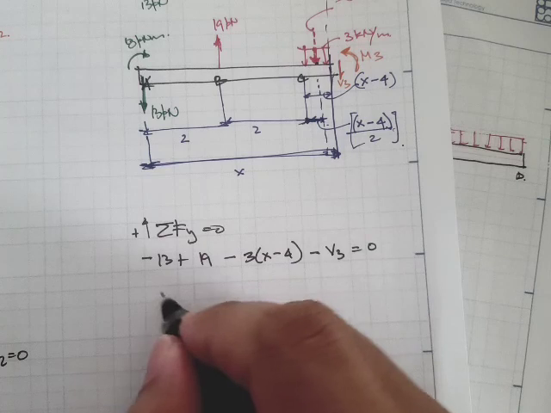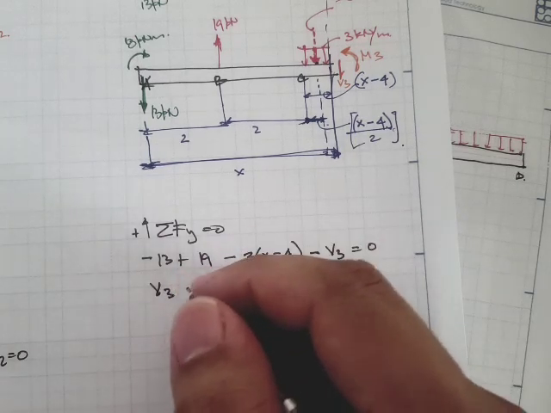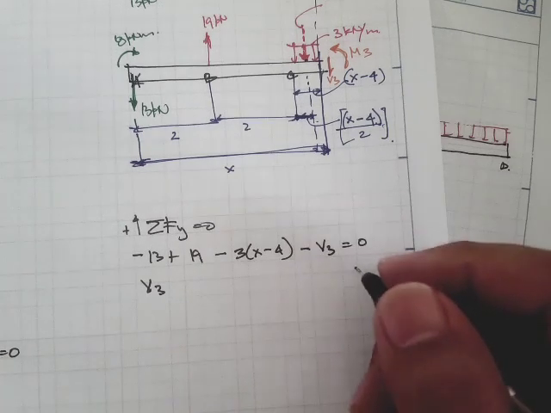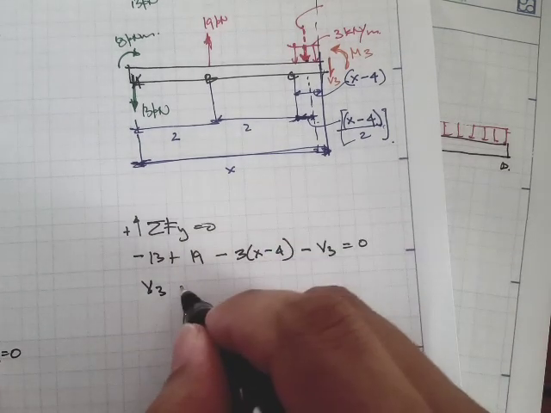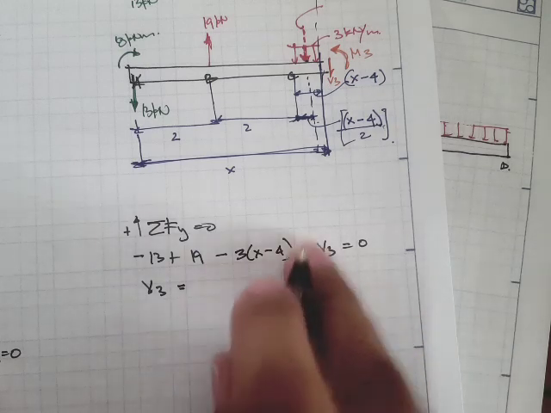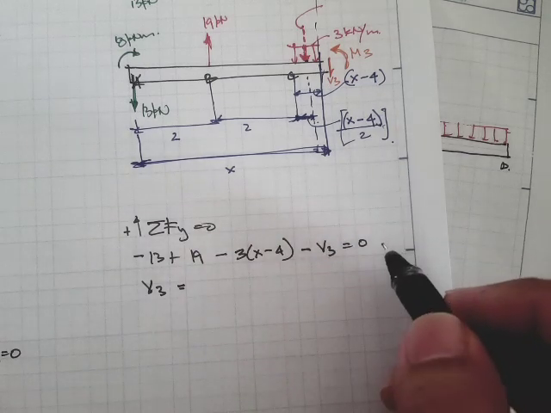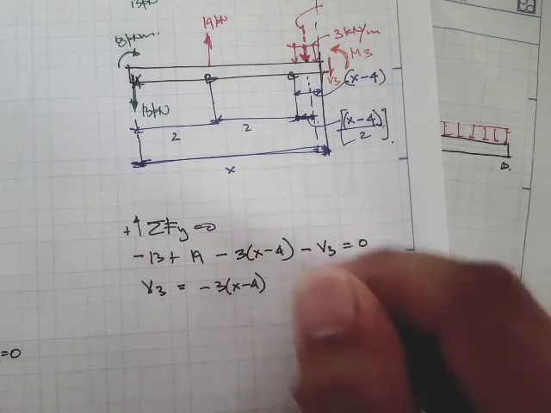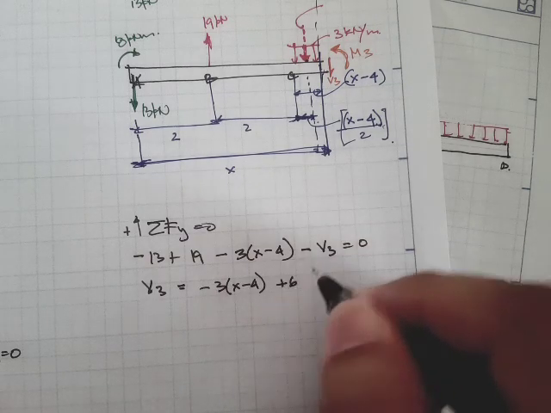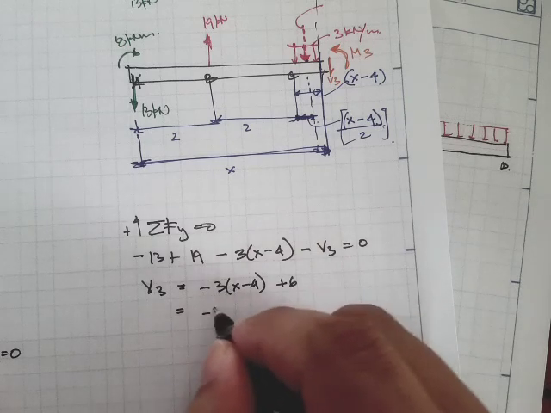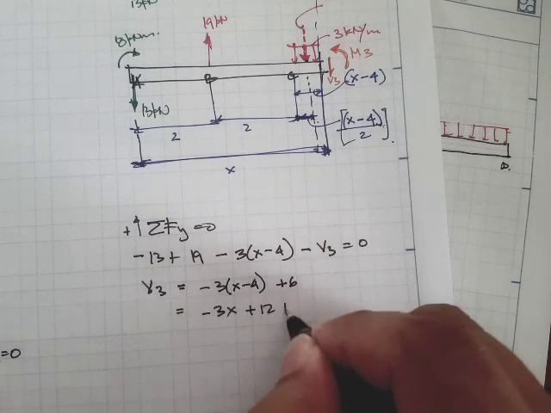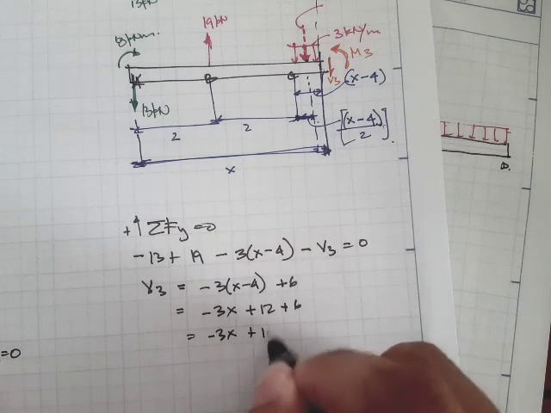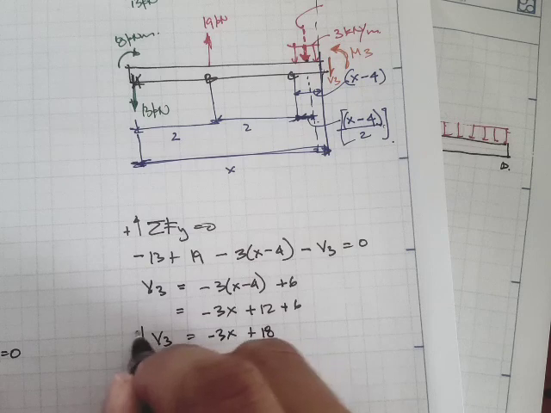So if we simplify, V sub 3 is equal to, transposing to the right hand side, negative 3 times x minus 4, plus 6. If we simplify this, we get negative 3x plus 12 plus 6, so this is negative 3x plus 18. This is our value of V sub 3.